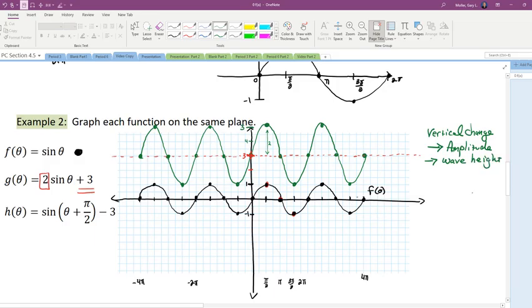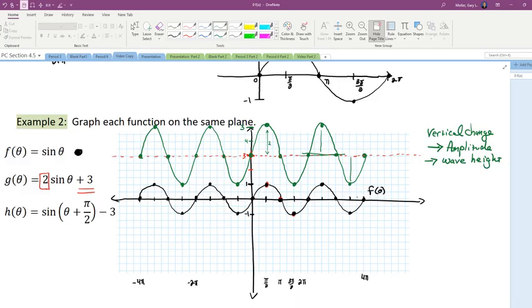The wave has a height, and that is measured from the middle. So we don't talk about the height being all the way from the highest point to the lowest point. We talk about the wave height, or the amplitude, being from the middle position to the highest or to the lowest point, in which case would be 2 units. So this number is always your amplitude.